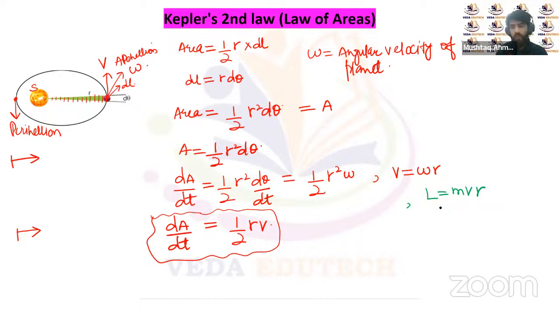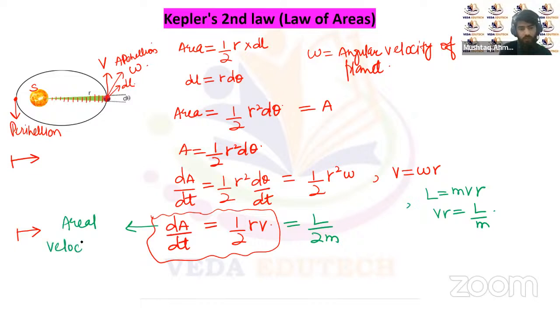So we can replace this vr here by L upon m. So it will be L upon 2m. Now it means that if it sweeps equal areas in equal intervals of time, the areal velocity is a constant.